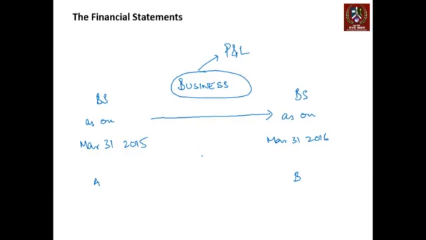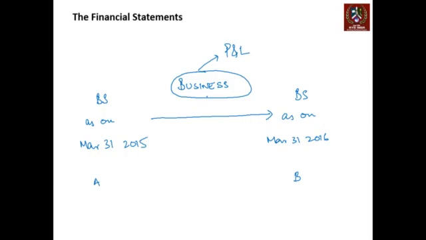Now, the business that you're doing may or may not have involved using cash, right? You could have, for example, sold something, but not received the money as yet for that. That's a possibility, right? So business transactions will not take care of that. Business transactions would just say, I have created this much, I have sold this much, and this is the profit I have made on that.